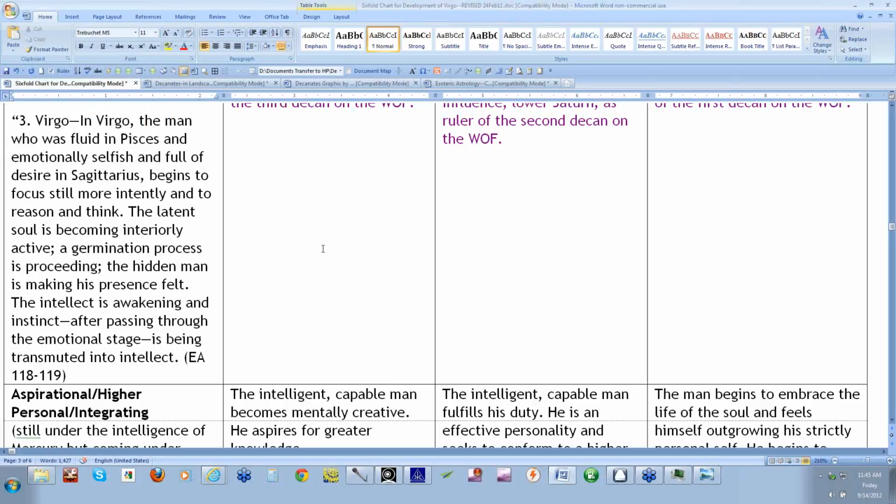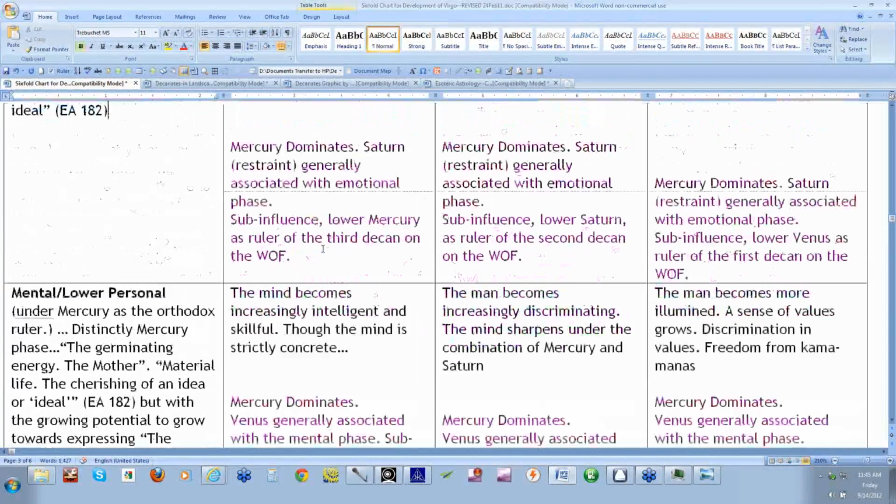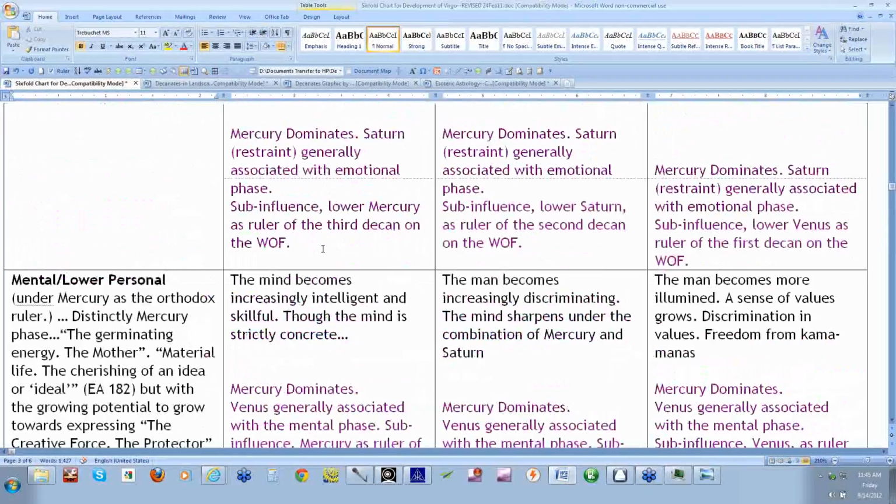Now, it would be possible to go through all of this and say, okay, Sepharial is operating here, and he is calling this under Sepharial. We would have here for the 30 to 20 phase, we would have Mercury. So let's look at that.